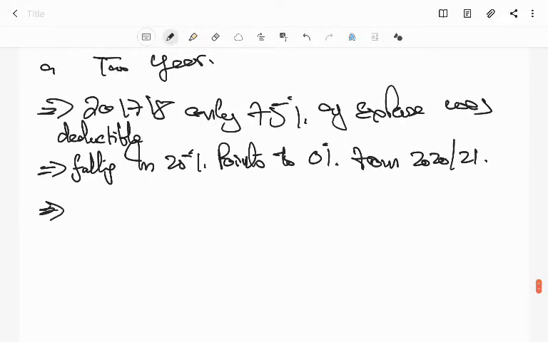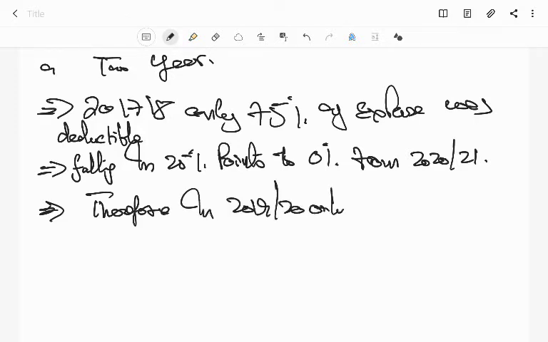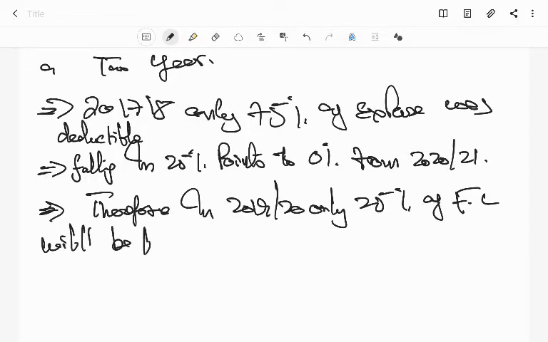Therefore, in 2019-20 only 25% of finance cost will be allowed as an expense.